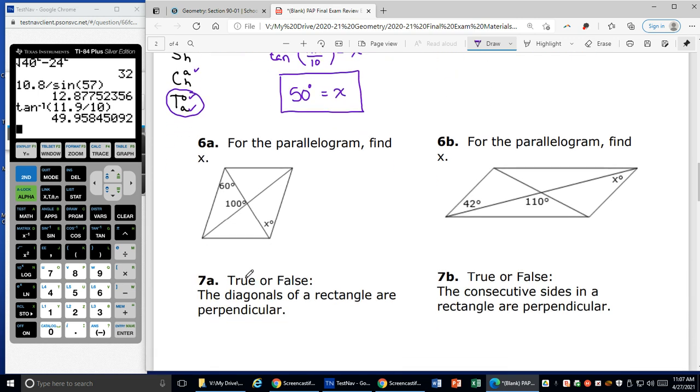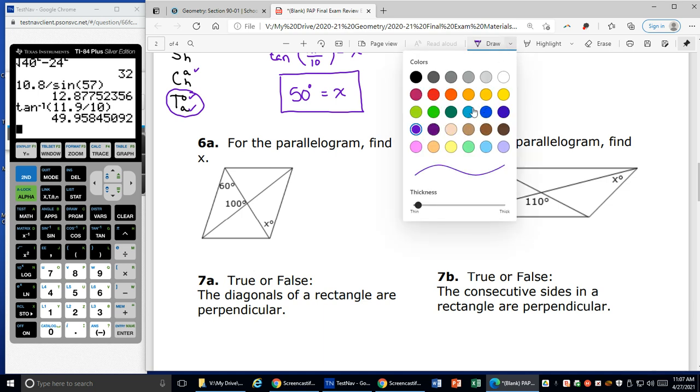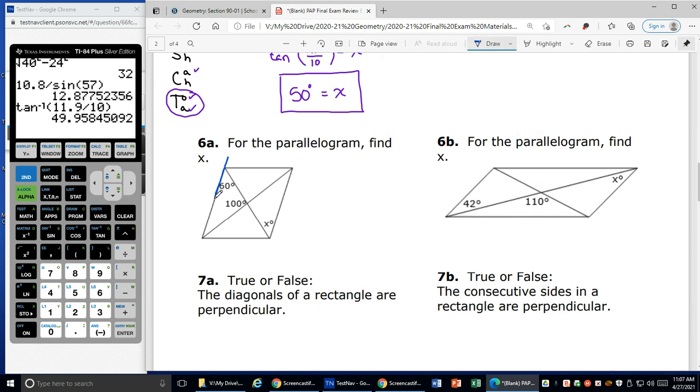All right, let's look at 6a. For the parallelogram, find x. So since they told me it's a parallelogram, I know I have parallel sides. So I know this side here is parallel to this side here, and my top and my bottom are also parallel because it's a parallelogram. Okay, and I have my diagonals drawn in. So my diagonals are like parts of transversals of those parallel lines.